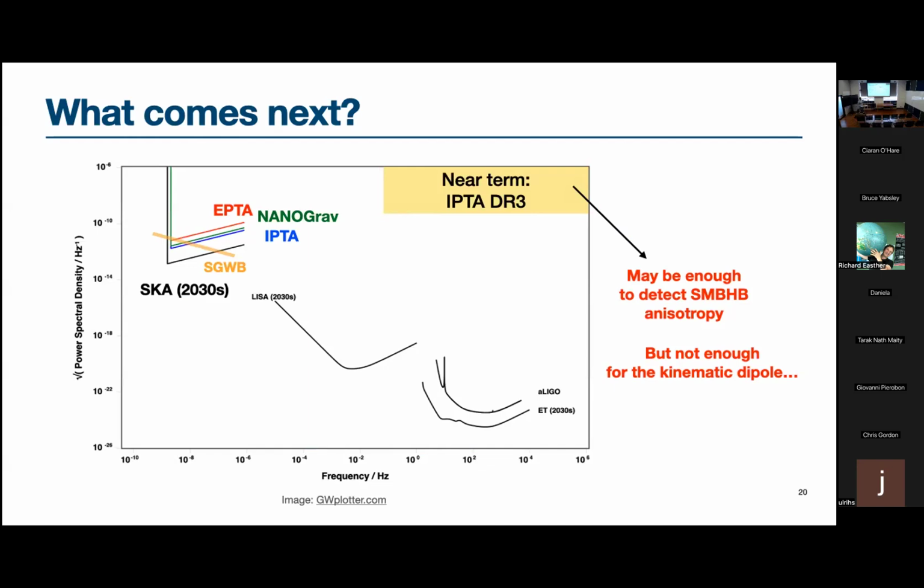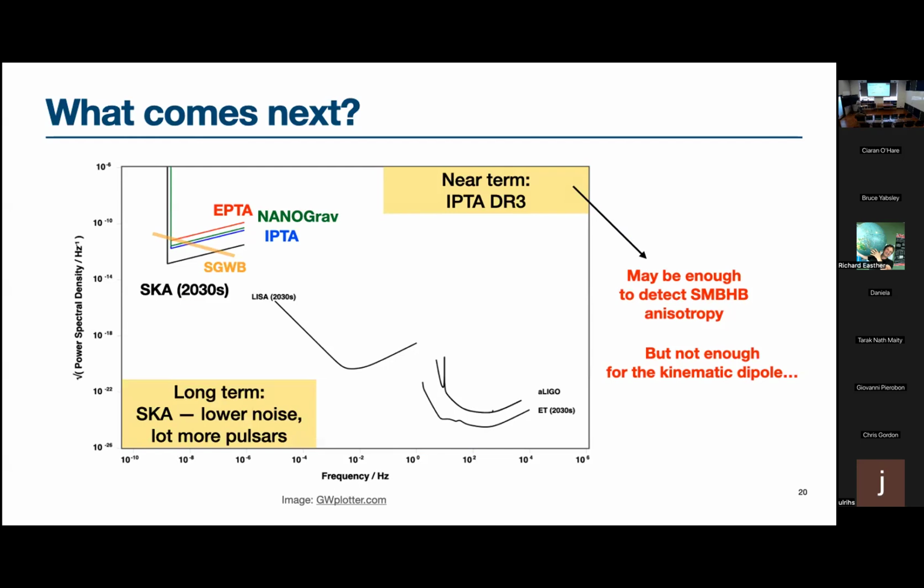So this would give very strong hints of whether, if the signal is astrophysical, these anisotropies are close to detection or not. On the other hand, knowing the level required for the kinematic dipole, this is unlikely to be enough. So we tried to forecast what might happen with SKA. SKA will be a radio telescope array with telescopes in Australia as well as South Africa, and is expected to launch around the 2030s, so maybe 5 to 10 years, I'd say.